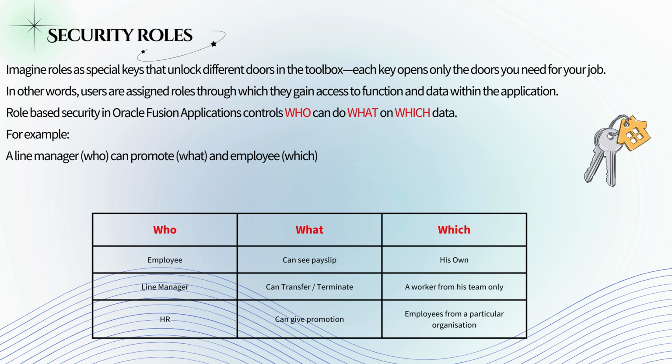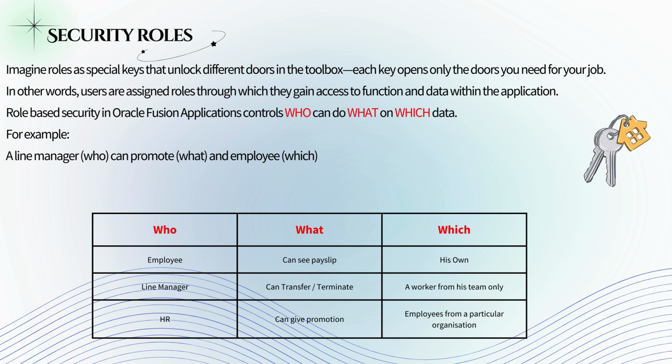Role-based security in Oracle Fusion application controls who can do what on which data. So there are three W's we have to remember. I've given an example in tabular format. Let's say an employee can see a payslip, but only his own payslip.